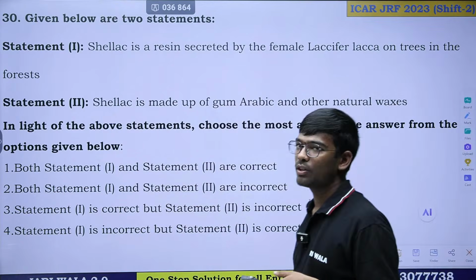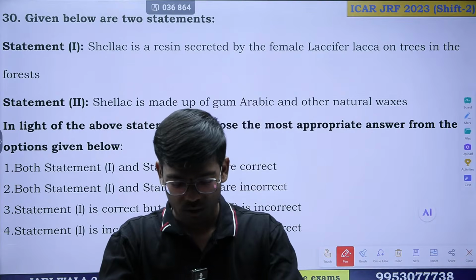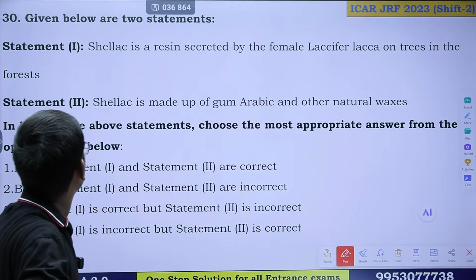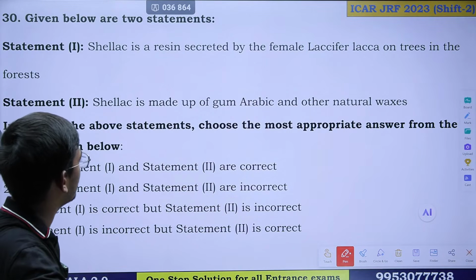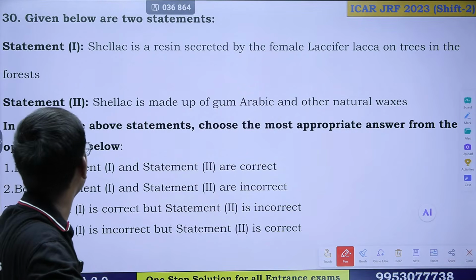Then, coming to the next question, again a statement type of question. Yes, students responded 3. While moving to the next question, statement 1: shellac is resin secreted by the female Laccifer lacca, the scientific name of the lac insect, on trees in the forest.